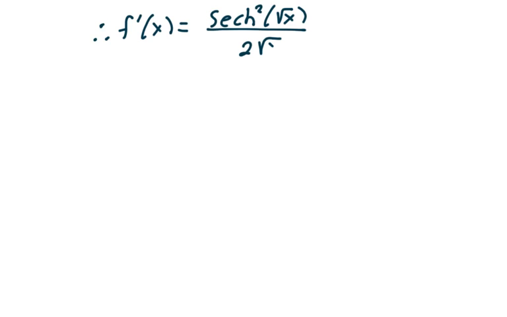And so therefore, f prime of x is hyperbolic secant squared of square root of x divided by 2 times the square root of x.